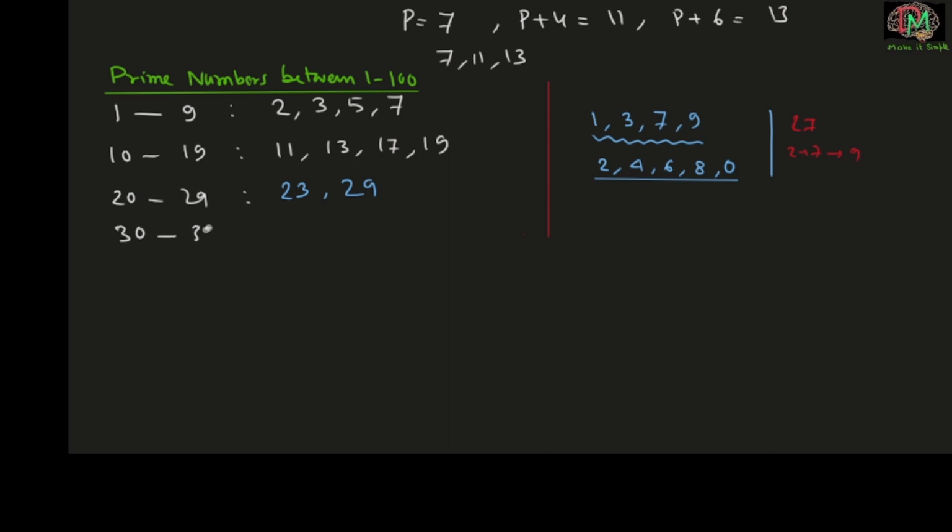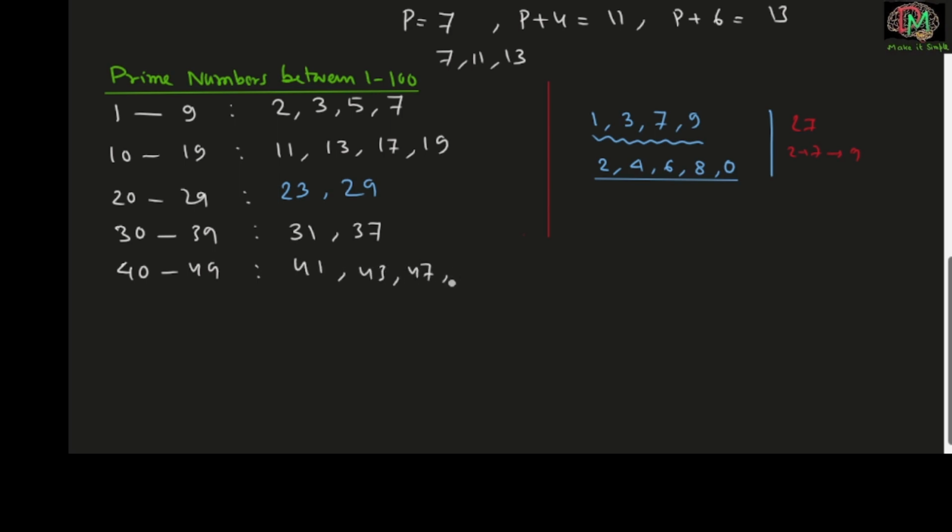In between 30 to 39, first consider 31, we follow that same rule, and 37. And in between 40 to 49, there are 41, 43, 47, okay, and 49 is not a prime number because it is divisible by 7.